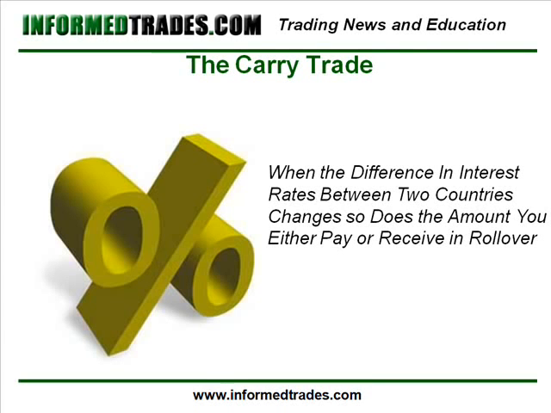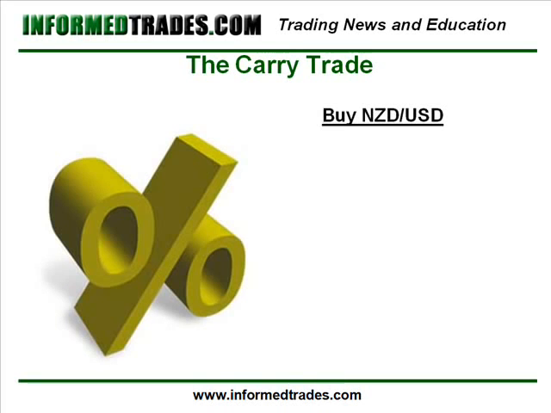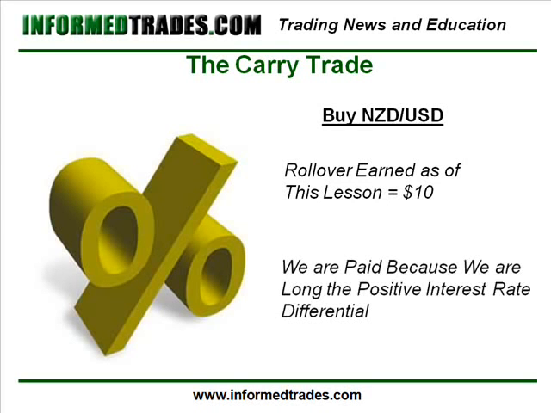As a quick example, let's take another look at the New Zealand dollar-US dollar currency pair. As of this lesson, if we were to buy the pair, then we would earn $10 for each contract held past 5 p.m. New York time. As we've learned in our first two lessons, the reason we would earn $10 is because we are long the New Zealand dollar, where currently interest rates are at 8.25%, and short the US dollar, where interest rates are currently 2%.